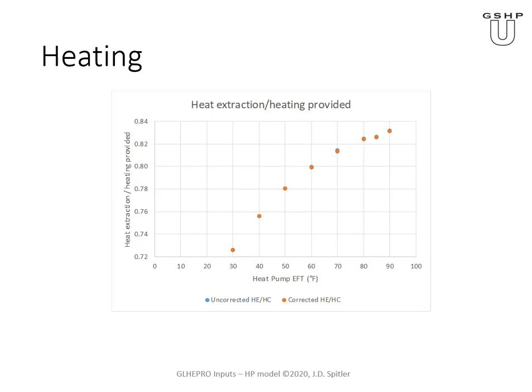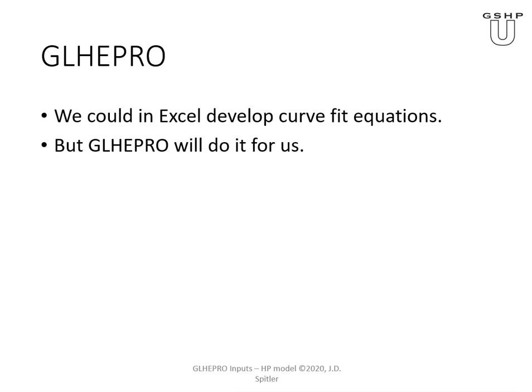So now I calculated them in all cases, and now you can see basically it's pretty difficult for heating because it was only a small change to see the difference. Okay, so we could in Excel develop curve fit equations, but actually GLHEPRO will do that for us. So we'll come back to that then and do a live demo.